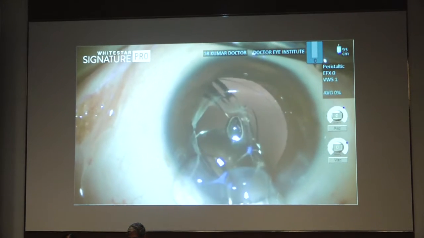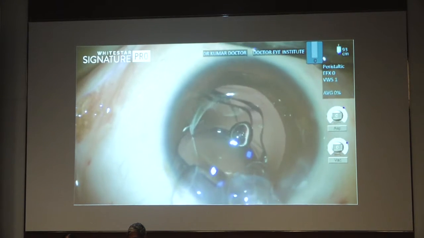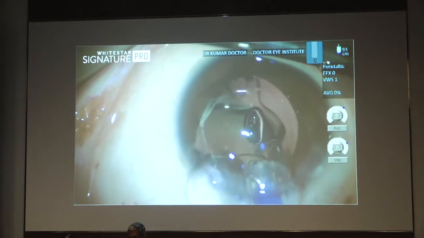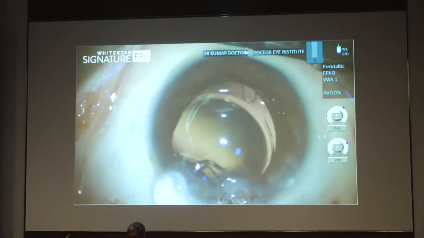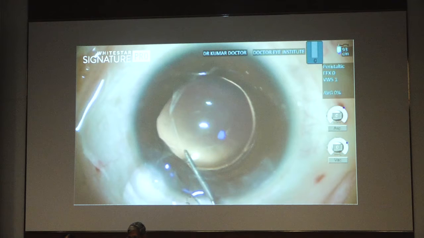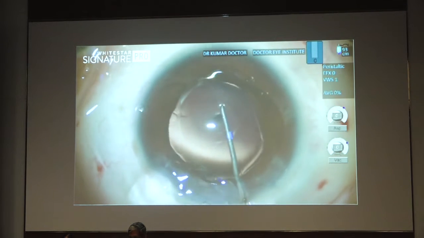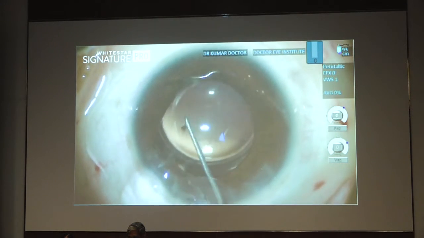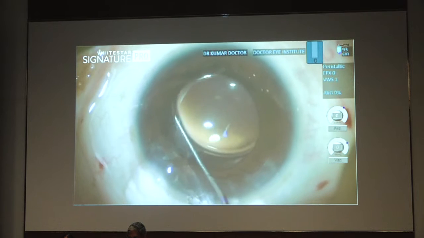Precaution taken to not let the globe collapse. IOL placed in the bag and the trailing haptic dialed into the bag.